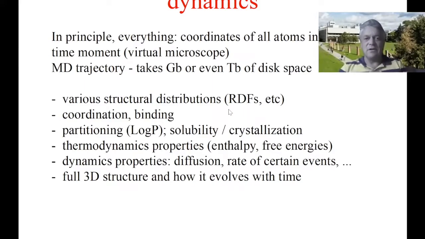We can study coordination of atoms, binding, which ligands bind to which protein. We can compute thermodynamically based parameters and properties, such as partitioning, including the log P coefficient. We can use this also to describe solubility or crystallization. We can compute thermodynamic properties, enthalpies, free energies. Also dynamical properties like diffusion, rates of certain events like permeation of small molecules through a membrane, and so on.